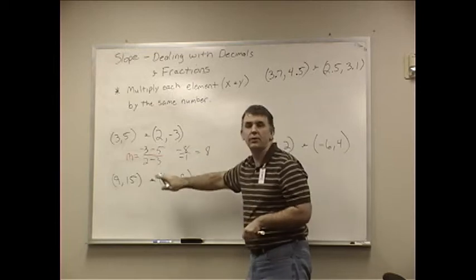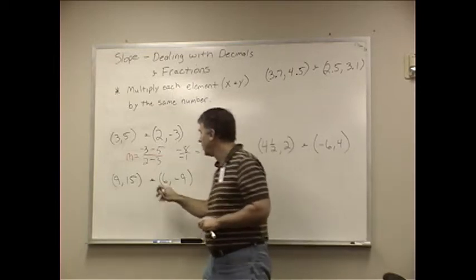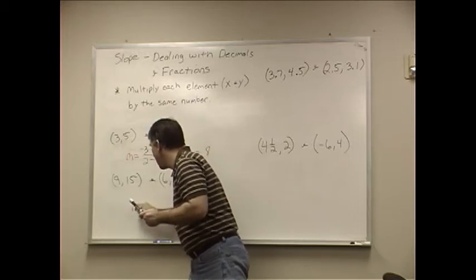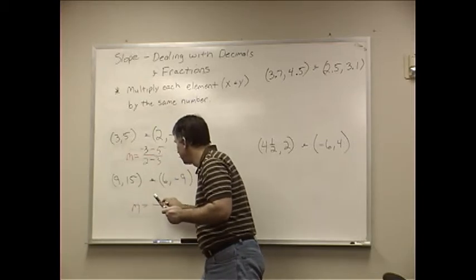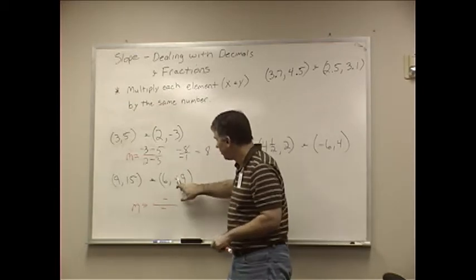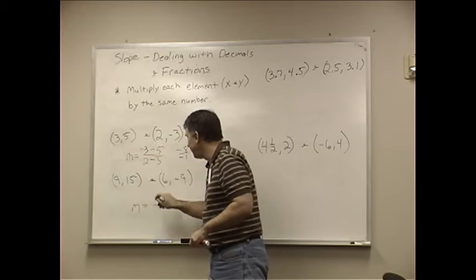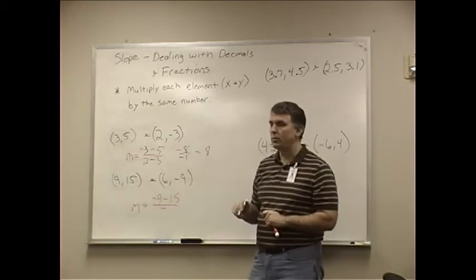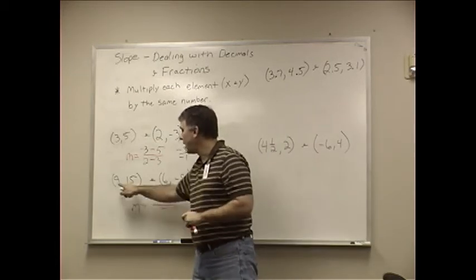Now let's do it with the second set of points. So now I have m equals y2 minus y1 again, so -9 minus 15, over x2 minus x1, 6 minus 9.